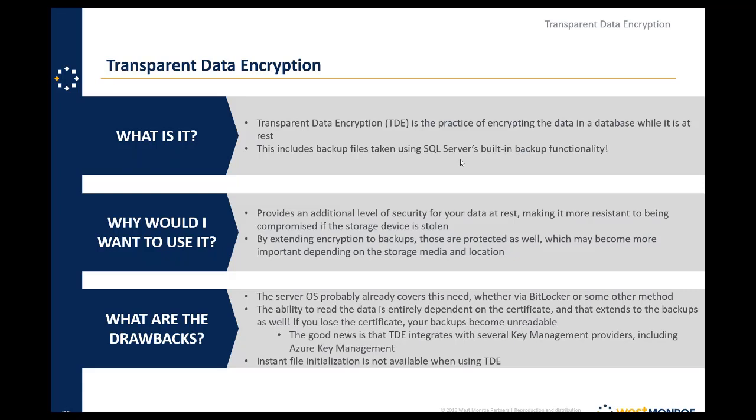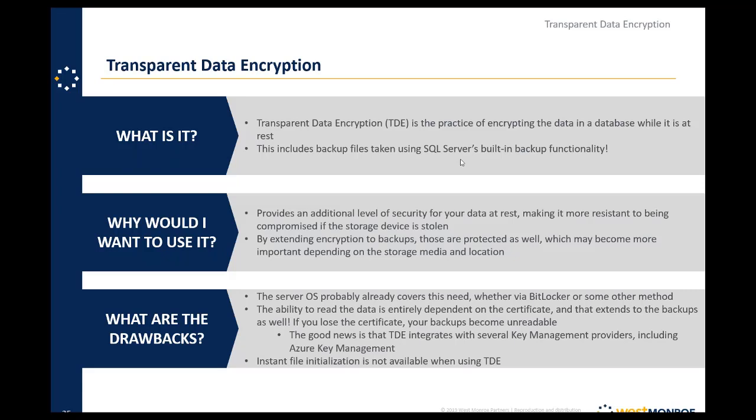The good news is that transparent data encryption integrates with several key management providers, including Azure Key Management. So there should be some sort of key management in your organization already. If there's not, bug your administrators about it. They know.